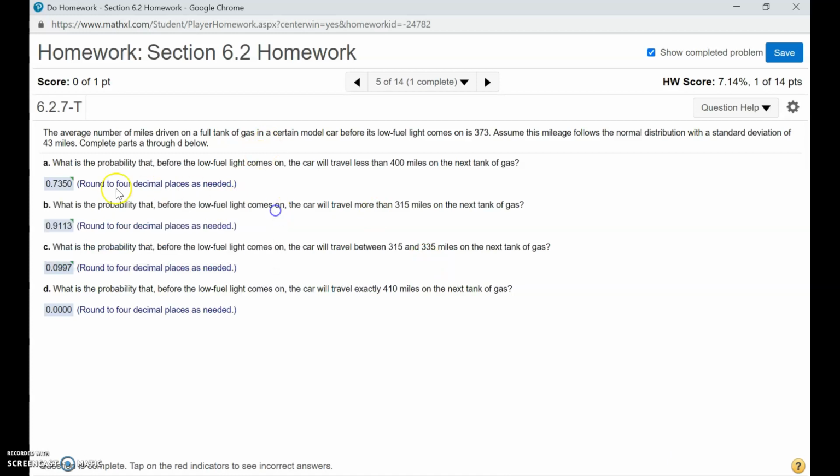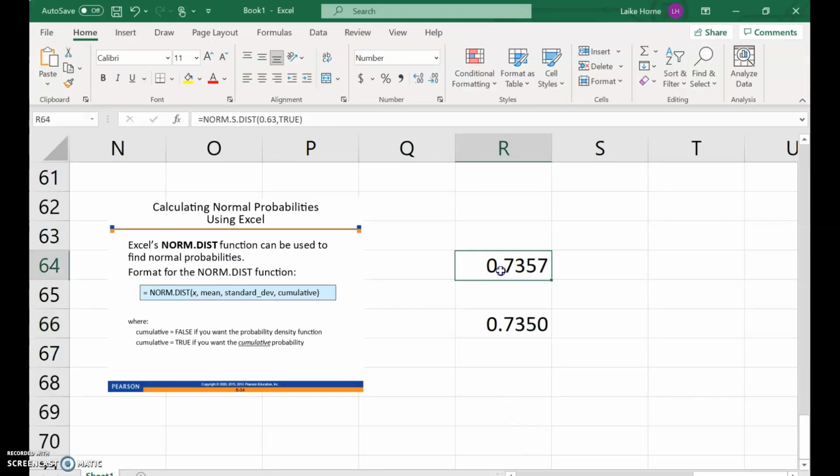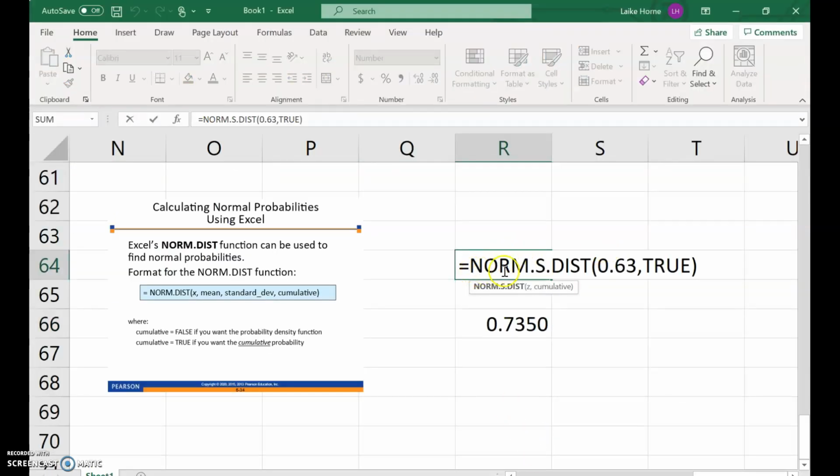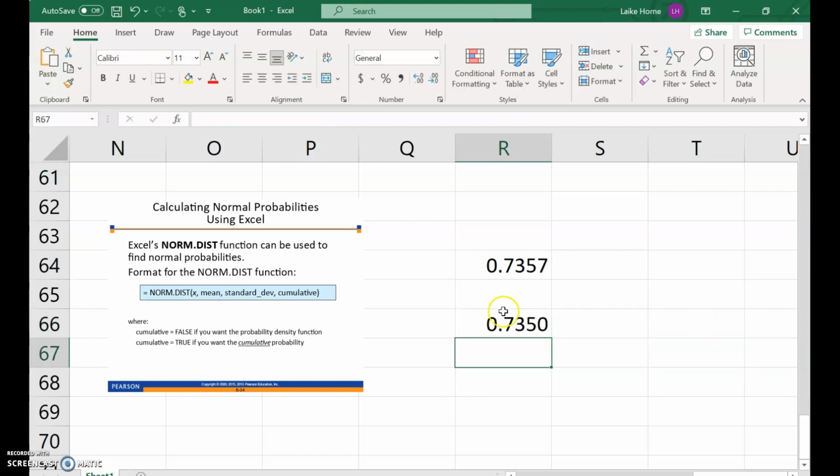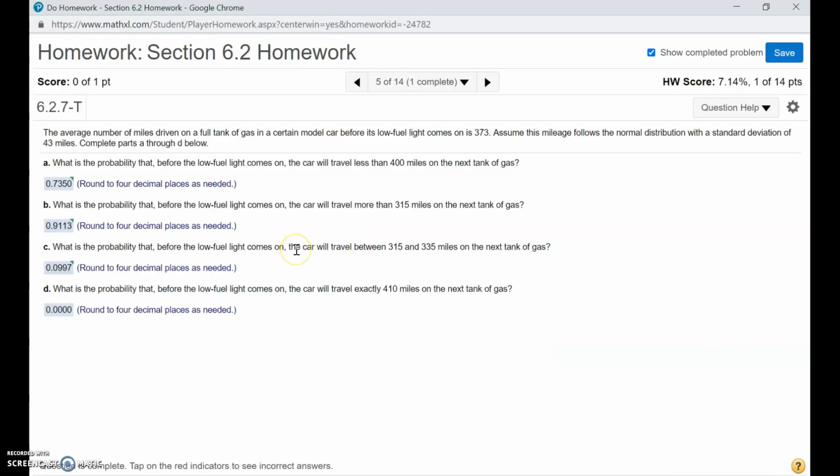So you can work it either way. You can get the z-score and use the norm.s.dist formula, or you can just plug it straight in without having to get the z-score. To save time, since both answers are acceptable, I'm going to skip the z-score step. Just make sure you're able to calculate that.